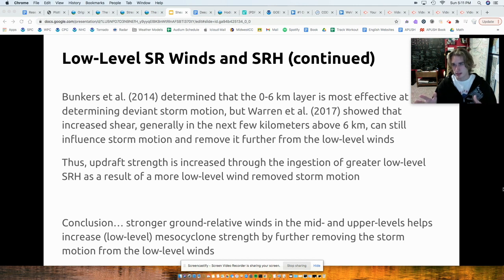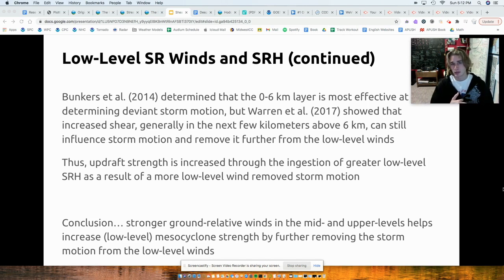But this other study said, well, winds at other levels can still affect the storm motion, and then therefore updraft strength is influenced, because as I showed on the hodograph, you keep removing that storm motion from the low level winds, you increase your SRH, you increase your low level storm relative winds.